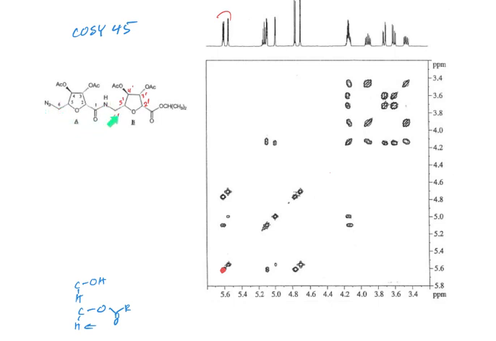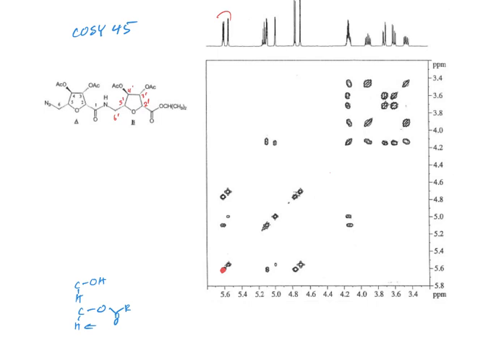So these should be the two most upfield ones. Okay, and those are going to be CH2 groups that are diastereotopic. Okay, so can we see those? They're going to be the most upfield ones, and because this is a COSY 45, they should have a positive slope.